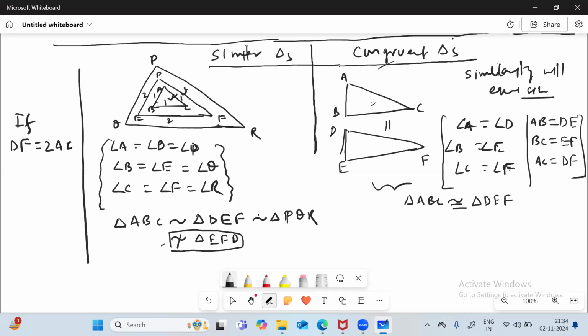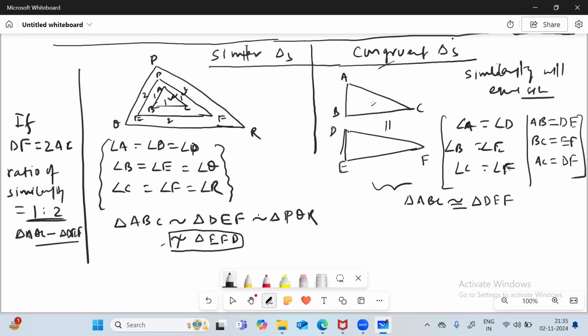So if any of the sides follows a particular ratio in similarity, then we call it the ratio of similarity. The ratio of similarity is 1:2 for triangle ABC to triangle DEF.